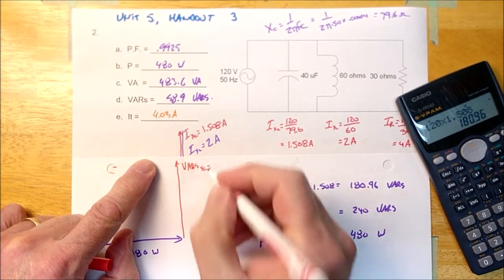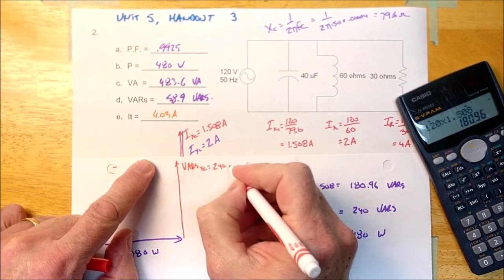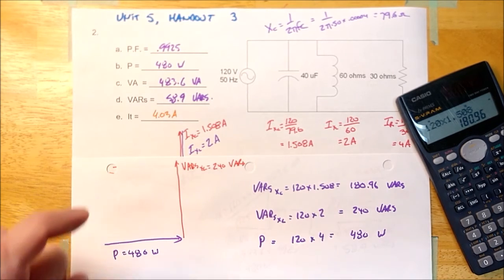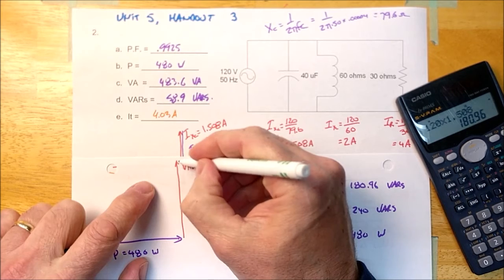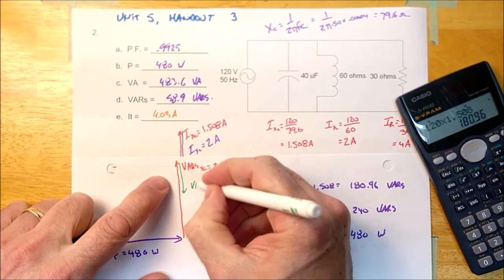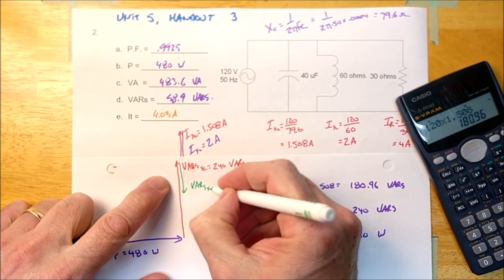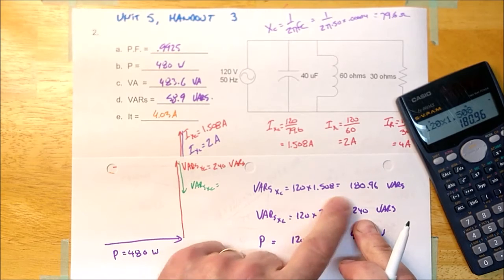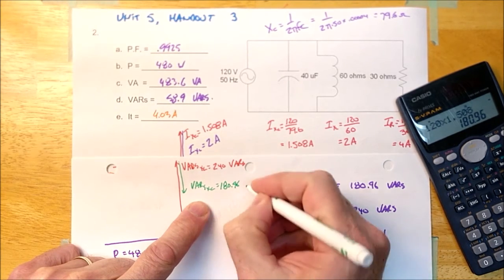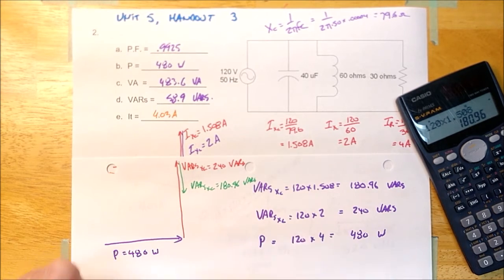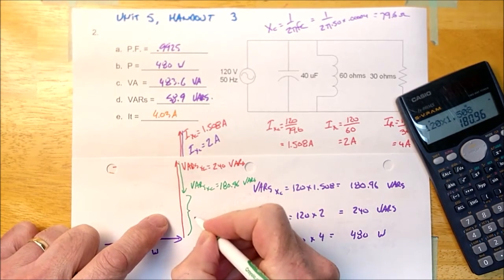That would have been 240 VARs. Okay. It would have VARs XC. Would have been 180.96 VARs. Okay. And this would be VARs X, guys.